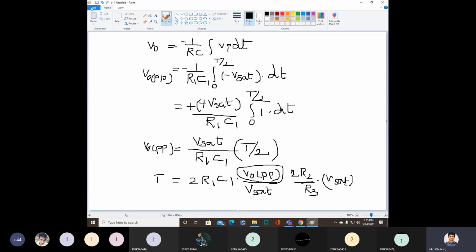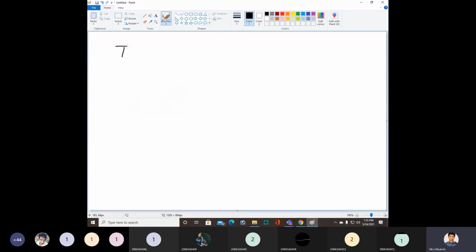Or else I'll take one more, and I'll write T is equal to 2 R1 C1 into, instead of V naught PP, you need to write 2 R2 by R3 into V sat, divided by V sat.